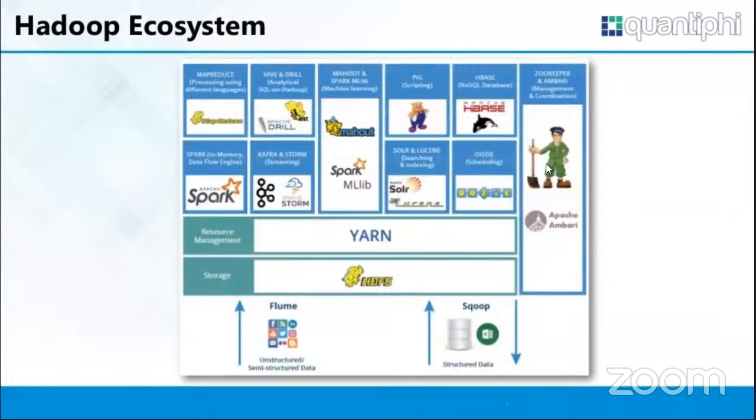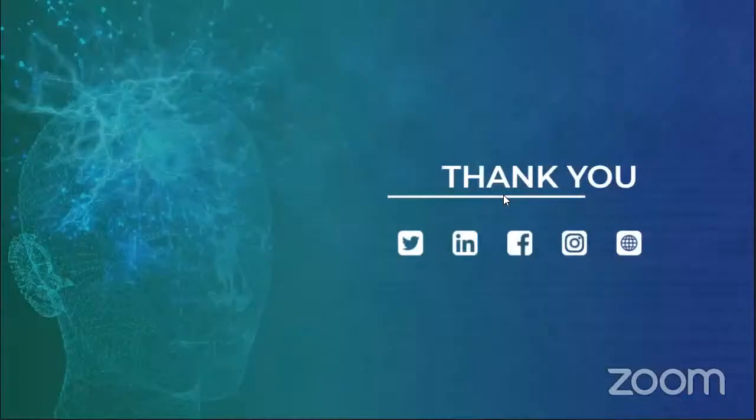So this is all about big data, then Hadoop, then components, then subcomponents, and then this ecosystem. Out of this ecosystem, we will be explaining one ecosystem. Shivam will be explaining that.